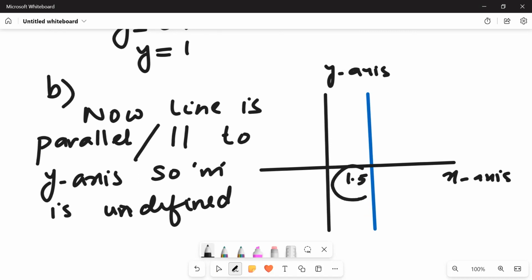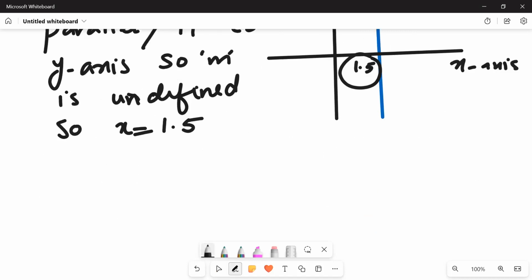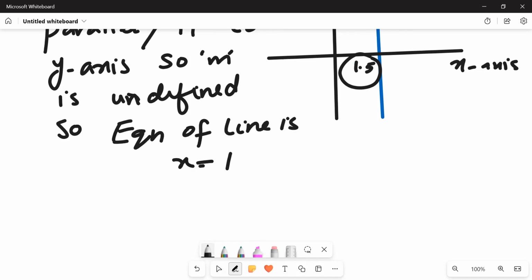Now we will write only x is equal to 1.5. So the equation of the line is x is equal to 1.5.